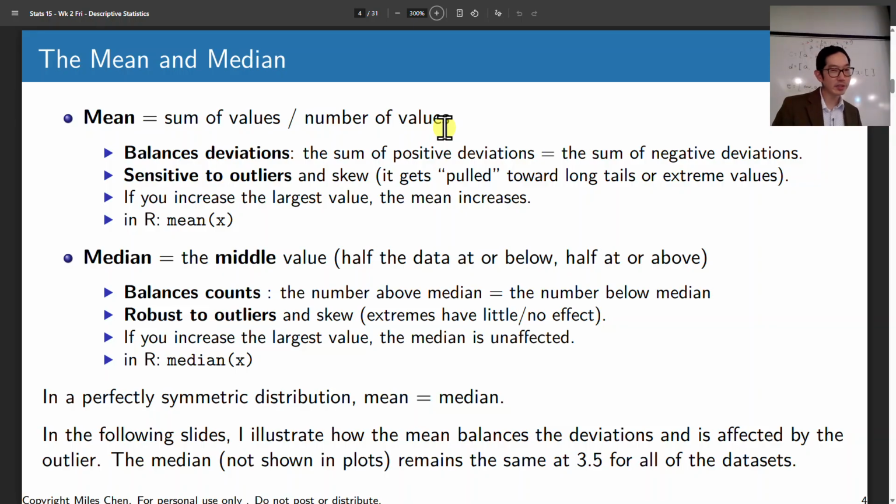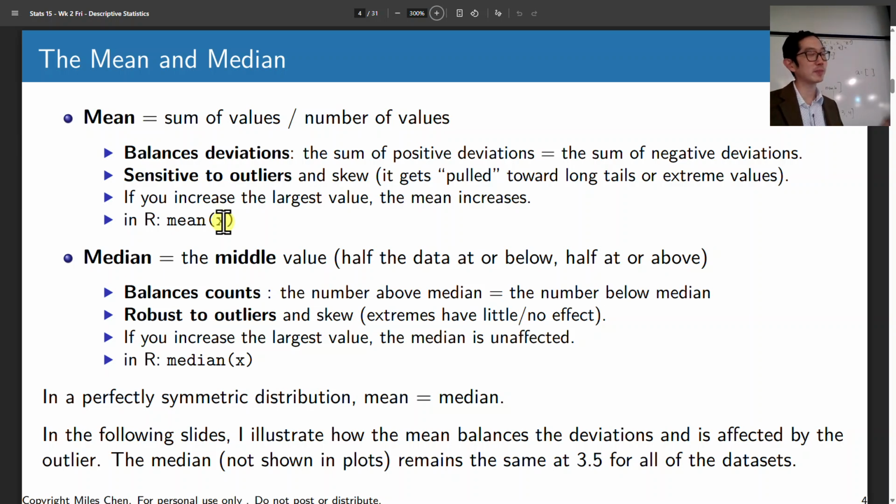The mean is sensitive to outliers and skews. So if you have an outlier or extreme value, the mean gets pulled in the direction of those extreme values, okay? And so if you take the largest value and you increase it, the mean is also going to increase, right?